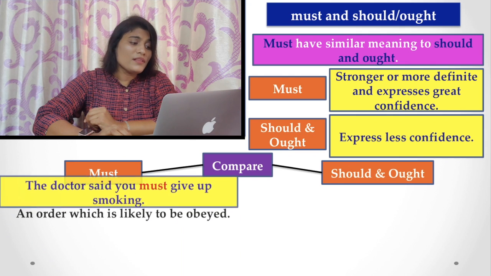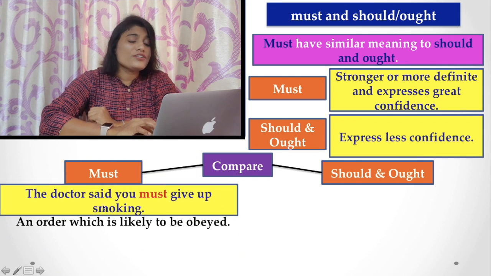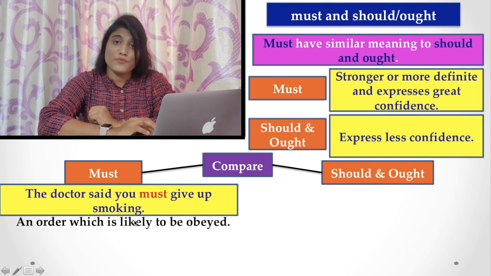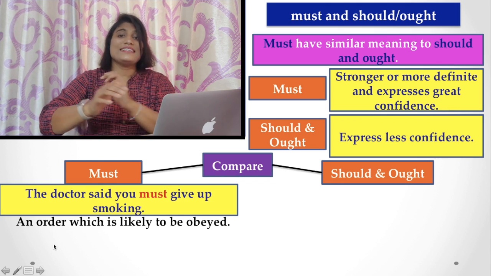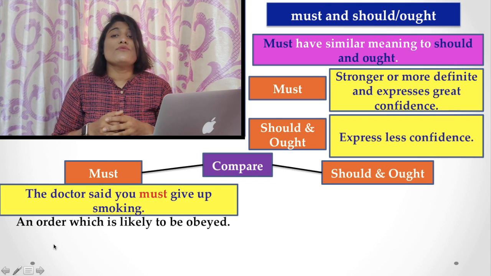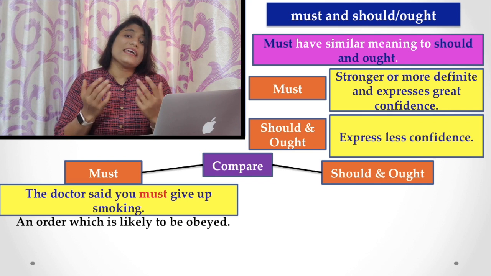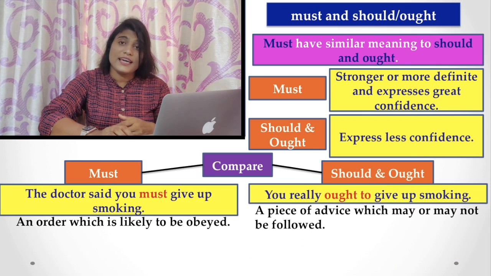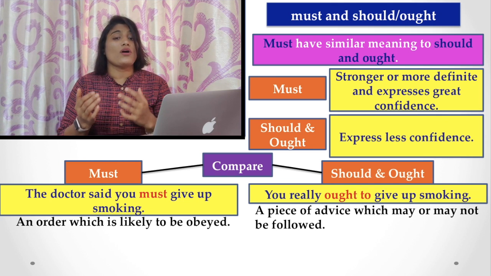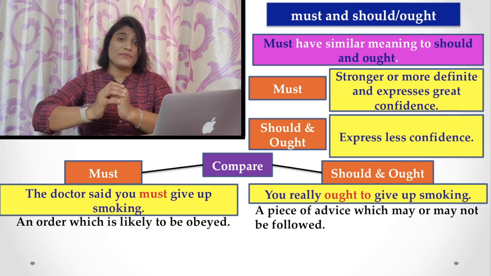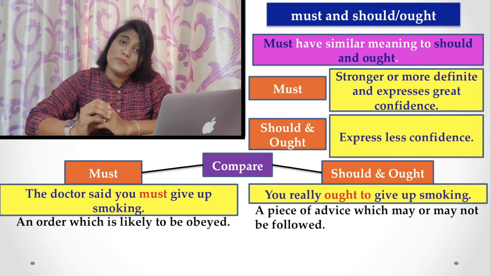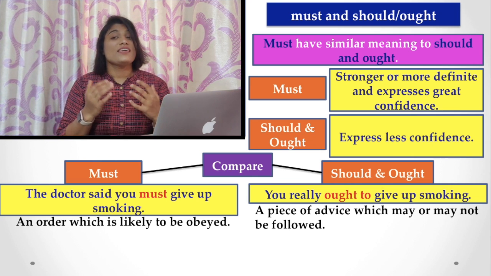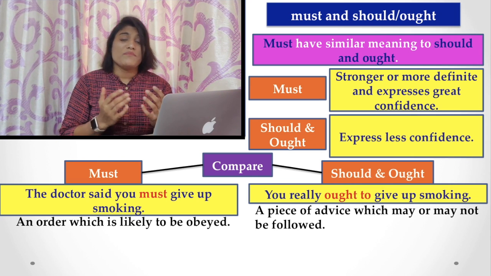For example, if we say, the doctor said you must give up smoking, that means it is an order and you are likely to follow it. But if we say, you really ought to give up smoking, that means this is a piece of advice and you may or may not follow it.